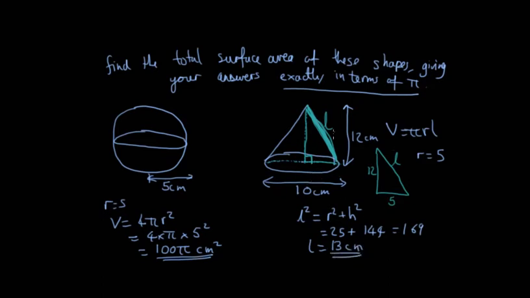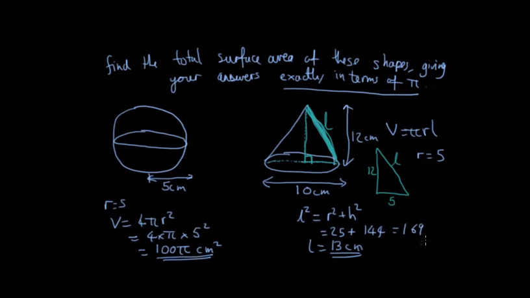And this is quite a common way where you might find Pythagoras' theorem being hidden inside another sum, and you're not told to use Pythagoras. If you can see a right-angled triangle and you need to find a length that you don't know, think Pythagoras. You often see Pythagoras hidden in trigonometry questions as well.